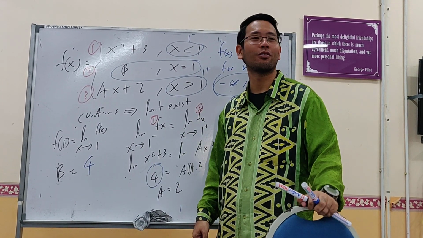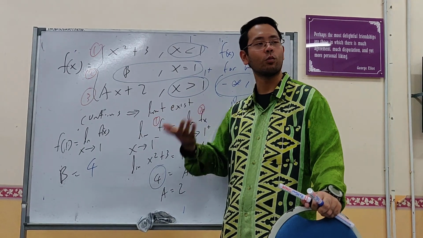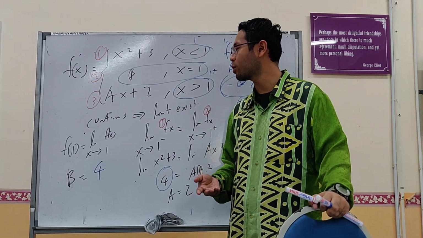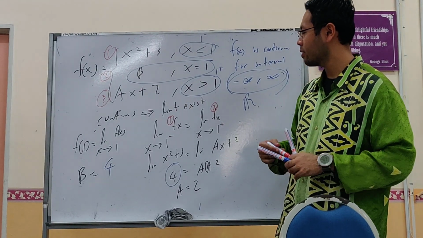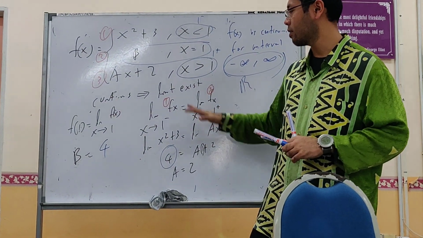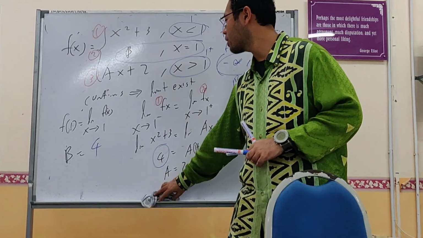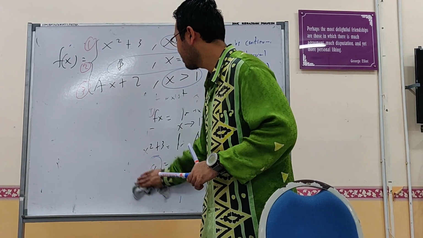Yes, we got b is 4. Understand? So that's how you do it. This is one way of looking at the equation. There are of course more than one. Another way is that you combine all of them.